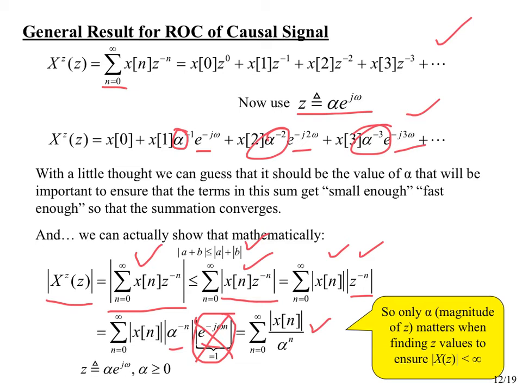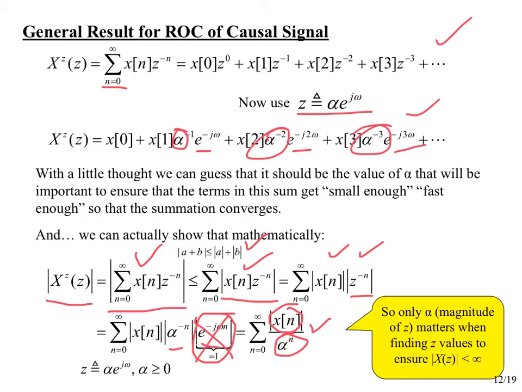So now we see that the convergence of this, the omega is gone. This sum converges based upon an interplay between the behavior of the x values and the value of alpha. So it's basically a race between how fast this goes down and how fast that goes down.